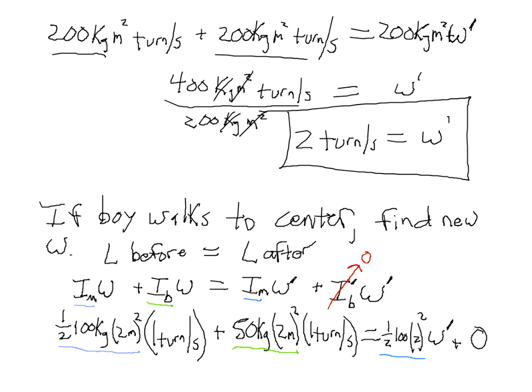As they do that, their moment of inertia gets smaller. In order to conserve angular momentum, their angular velocity gets faster. So you've all seen that when the figure skater goes into the spin, they stretch out, and then when they pull their arms in, they speed up. That happens because of conservation of angular momentum.